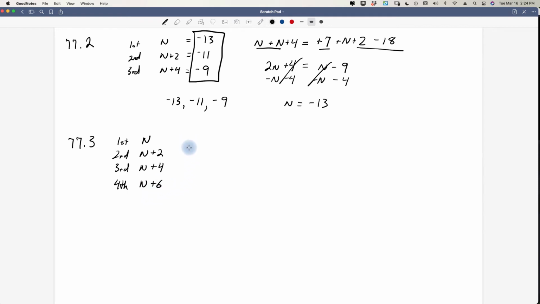Find 4 consecutive odd integers such that the sum of the first and the fourth, so n plus n plus 6, is, that's the equal sign, 25 greater, so it's a positive 25, than the opposite of the third.